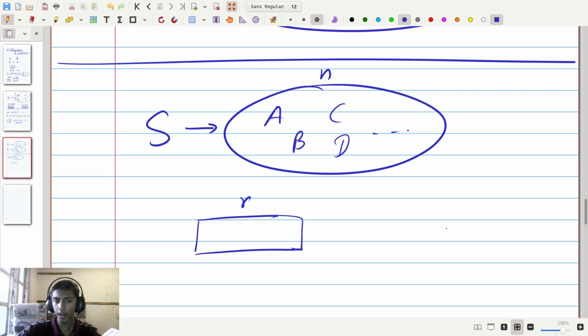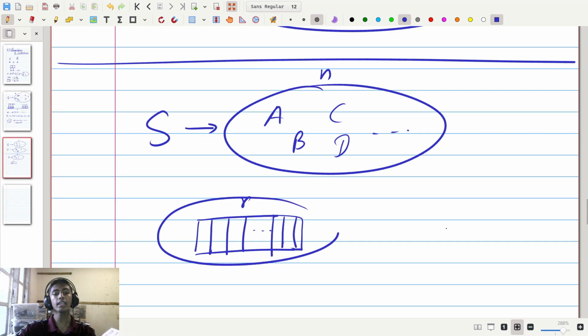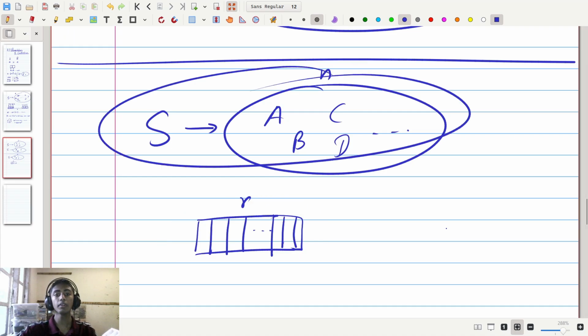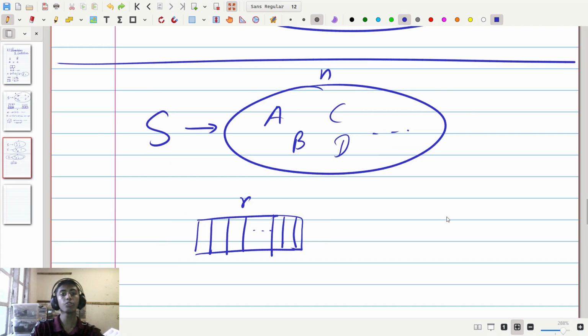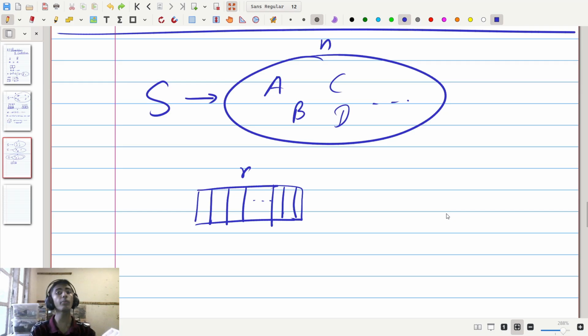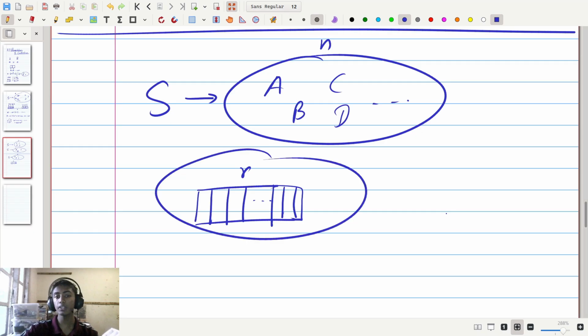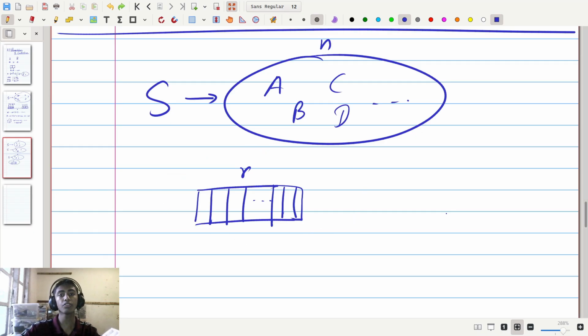So here we have R elements starting with the first element, second element, third element, so on and so forth until the last element, in that order from this set S. So if we consider this in the same method that we consider the total permutation of n items, if we consider in the same way the total permutation of R items instead of n items, for the first item we have a total of n total choices. It could be any of these elements.